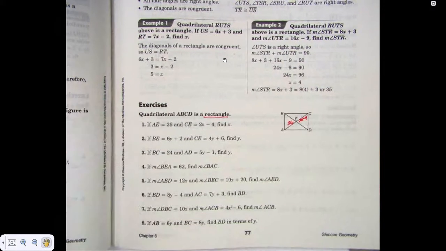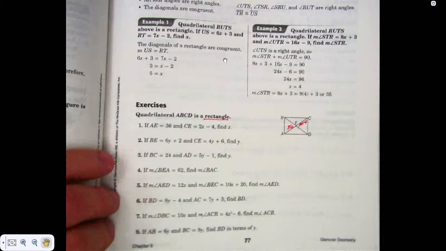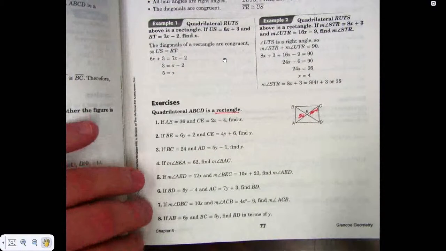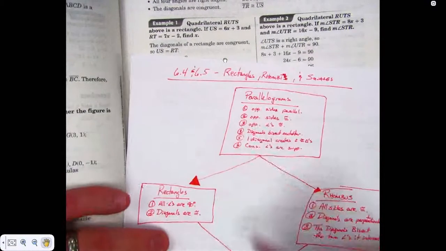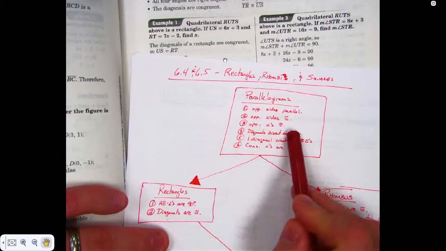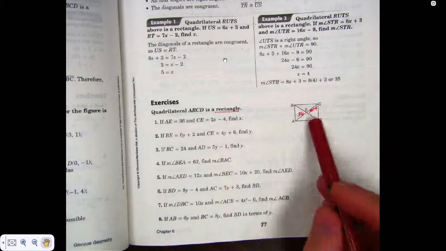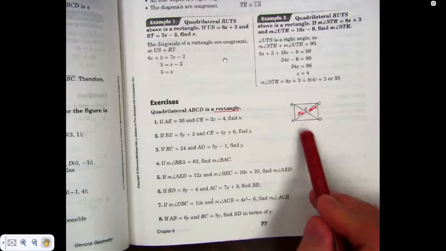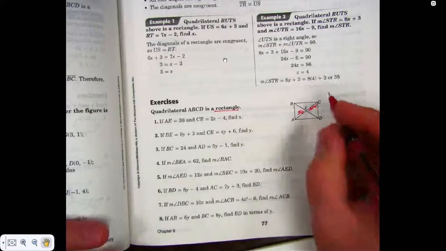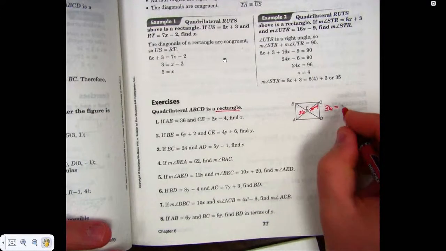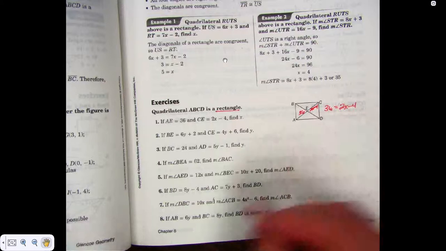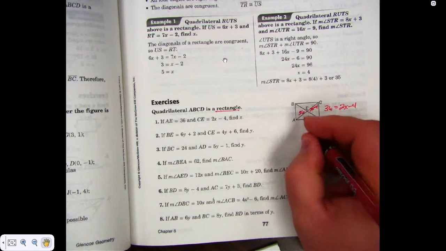Did I need to know this was a rectangle to be able to solve this one? No, you didn't. I could have said it was a parallelogram, because in a parallelogram the diagonals bisect each other. So whether this was a rectangle or just a parallelogram, I know that 36 is equal to 2x minus 4.